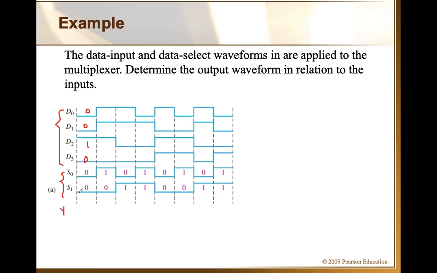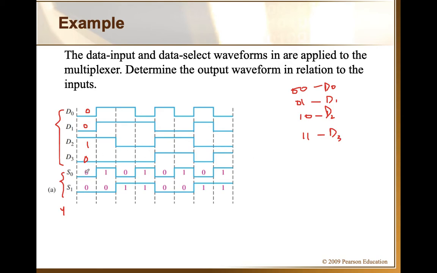The select data is saying 0 0. 0 0 is the code for what? D0, right? 0 1 is the code for what? D1. 1 0 is the code for D2. 1 1 is the code for what? D3.